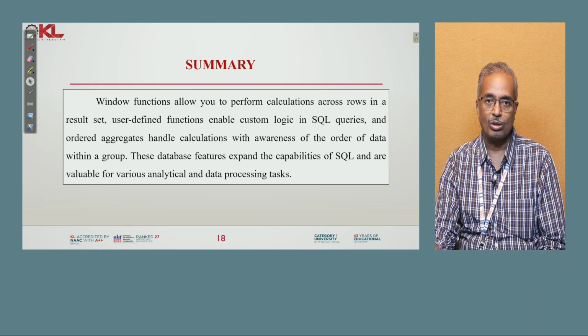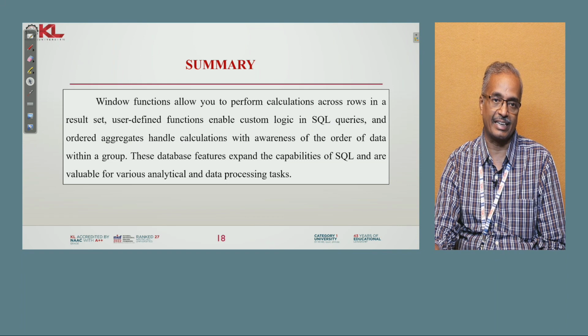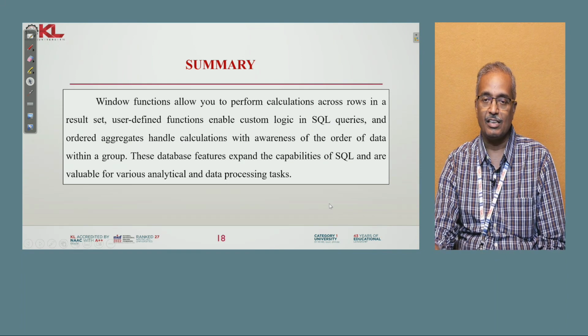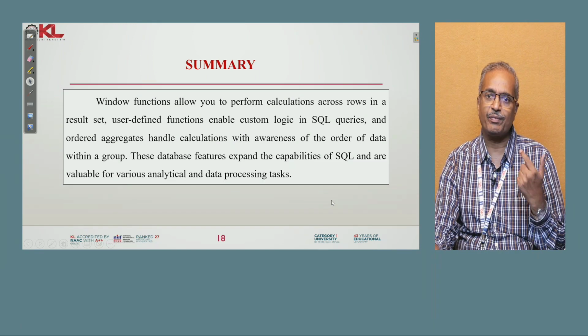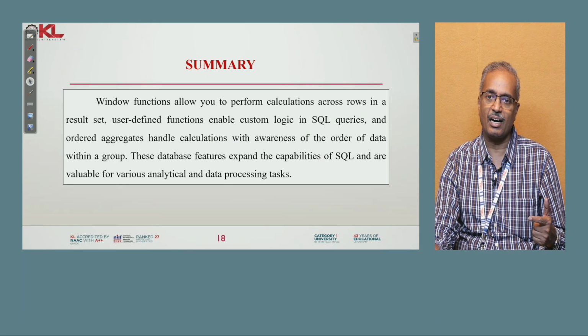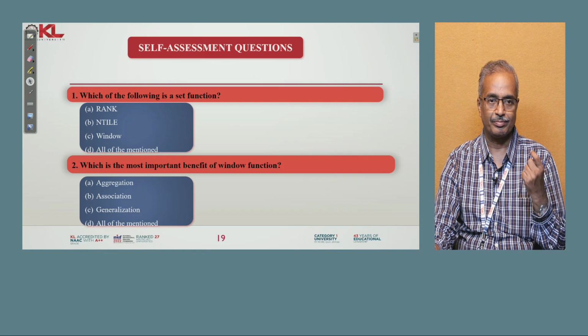Finally, a window function allows us to perform calculations across rows in a result set, and user defined functions we can use to define functions which are not predefined, and it is very useful to users or programmers while they are operating on the data.